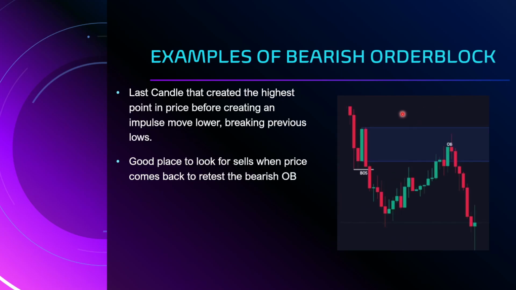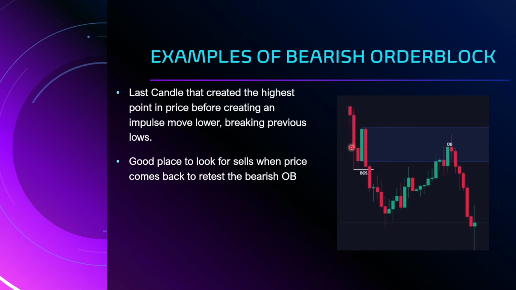Now, adversely, we find that in a bearish order block, price came down. The last candle made the highest point before making an impulse move down and then causing the price to retest back into the range, into the zone that we have as an order block, and then continuing to sell from that point.